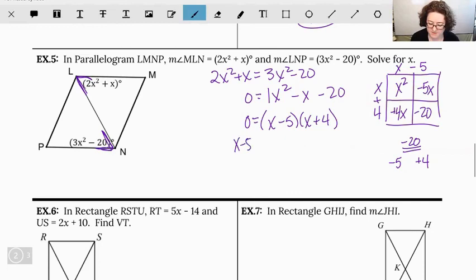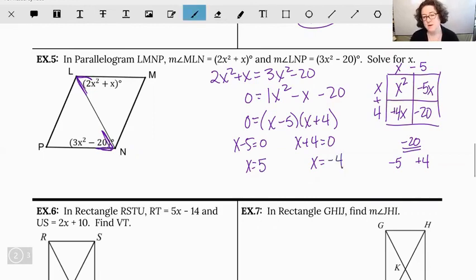So x minus 5 equals 0, which means x equals... wait, my first one is not 0. What did I do? x minus 5 equals 0. I have to add a 5 to make x equals 5. And in the second equation, x plus 4, I need to subtract a 4, so x equals negative 4.